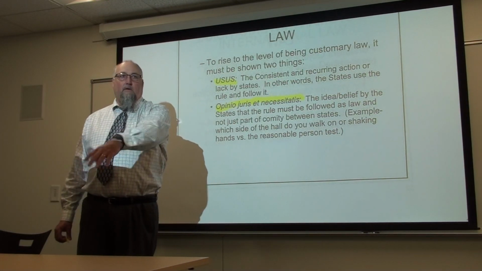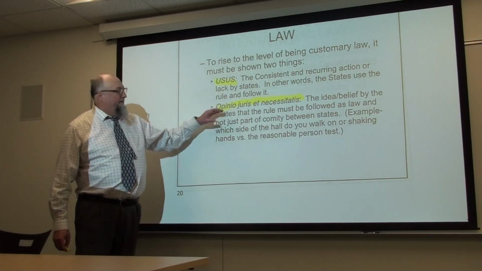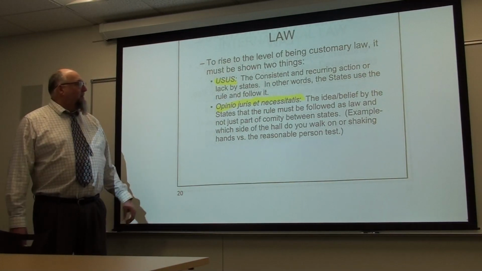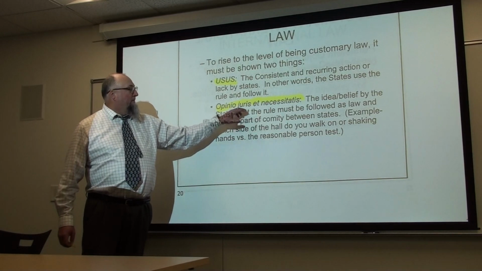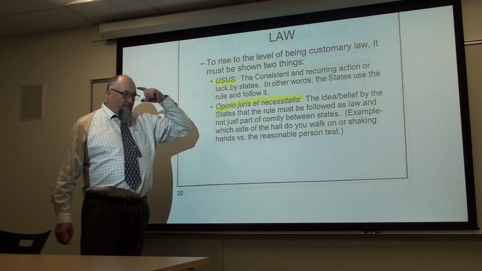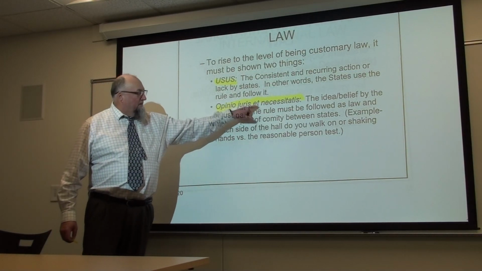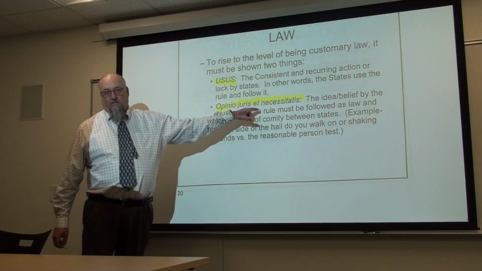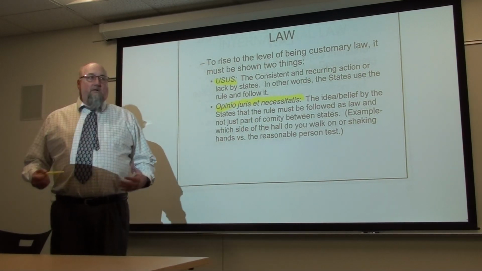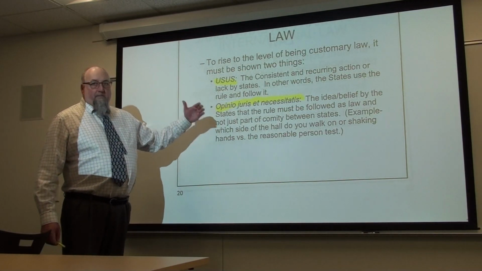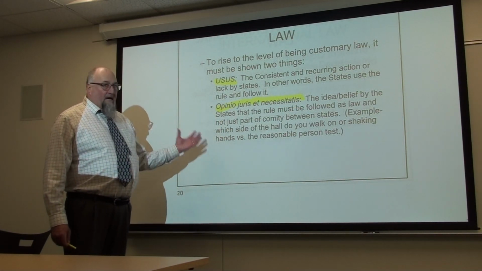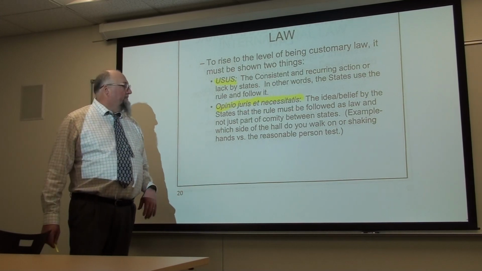So a court will say, well, you may say you don't follow it, but you actually do it. Part two is, this is again more Latin, opinio juris et necessitatis, and this is basically the thinking that the action is legally necessary. And this again would go back to the rule must be followed as a matter of law and not some other practice such as comity or courtesy.